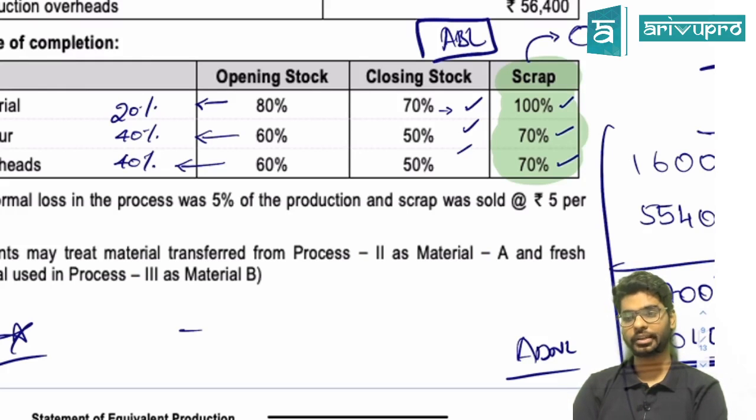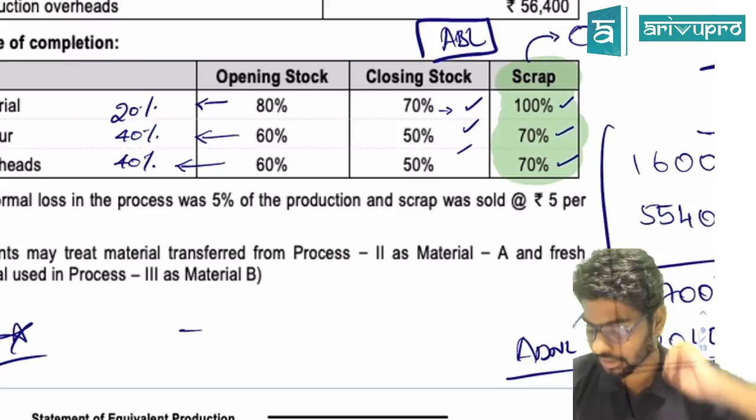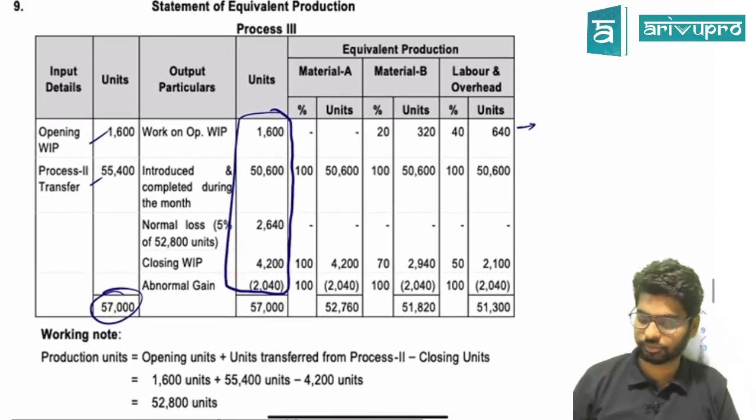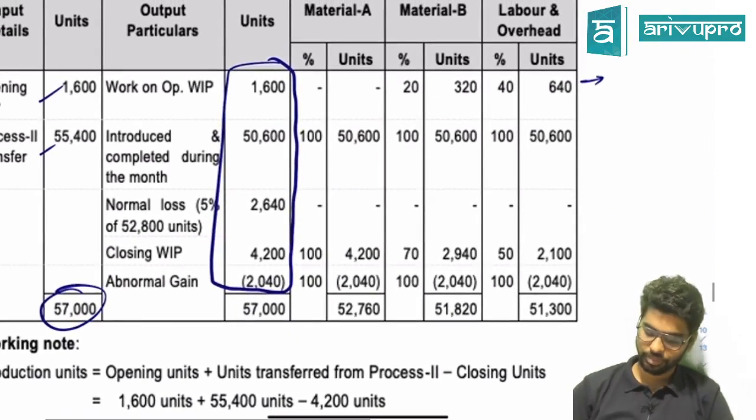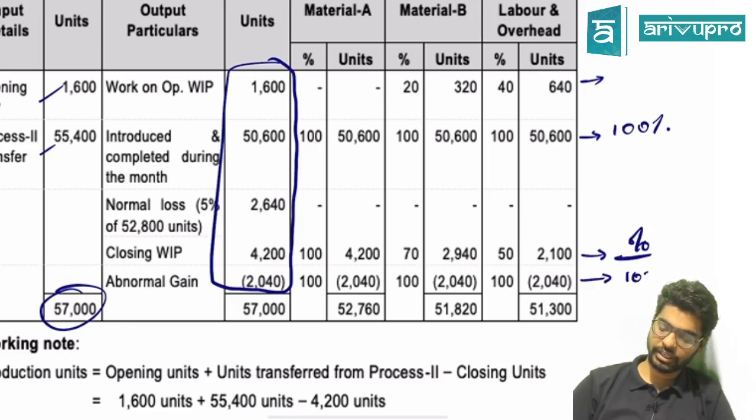Are you clear till now? Right. So now see this table. Units completed 100%. Closing WIP, the percentage is given, and abnormal gain will be 100%. You will find the equivalent units.